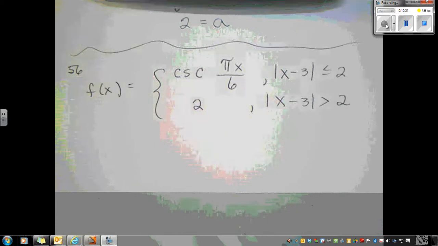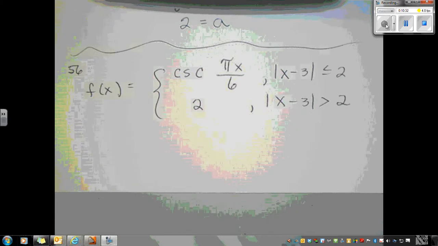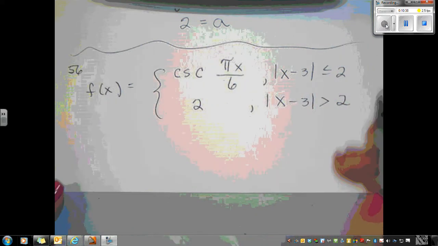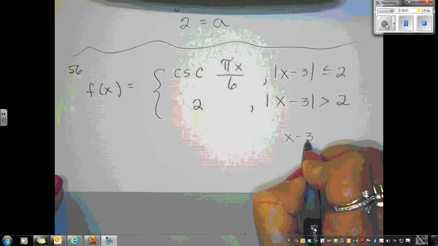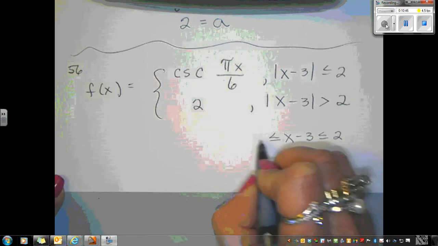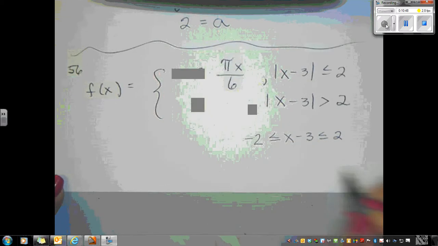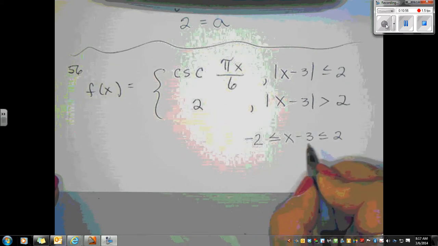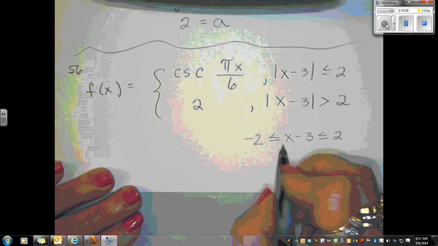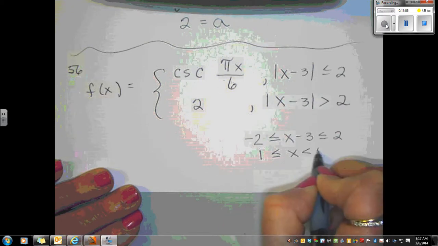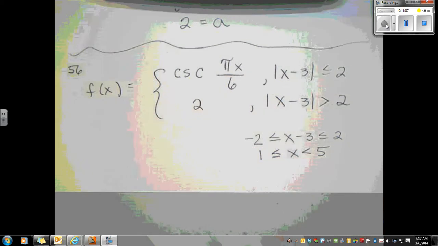All right, now, first things first is we take this and we say x minus 3 is less than or equal to 2, which means if the absolute value is off, it's greater than or equal to negative 2. So the x values available to me for this part of the problem are 1 to 5. That's what I choose.